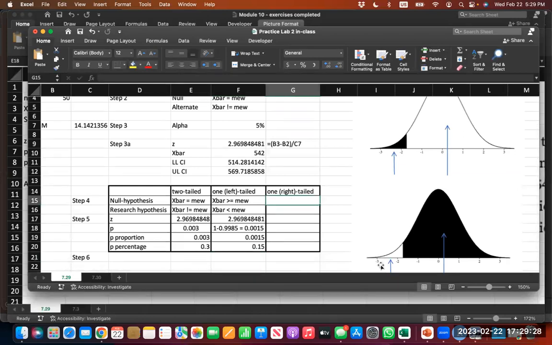If we do the opposite now, and we're doing a right-tailed one-sided hypothesis, for you, it's important to understand how to derive this. X bar equals mu. And the formula is X bar greater than mu, because that's what we're interested in.